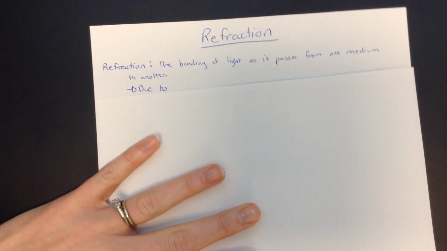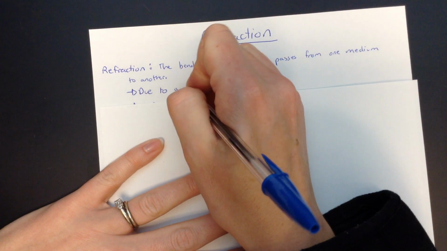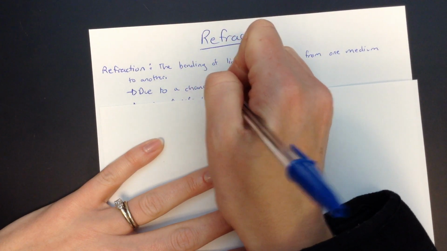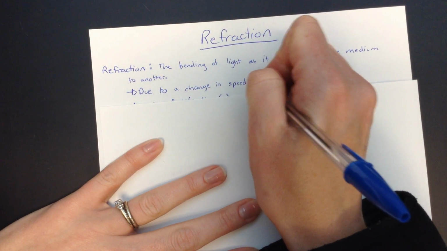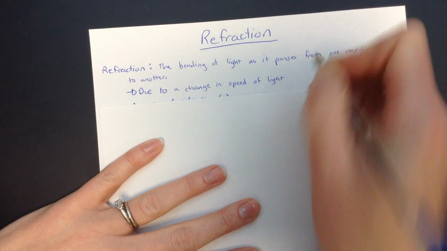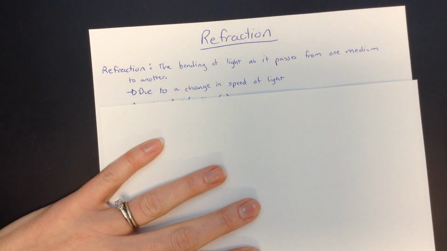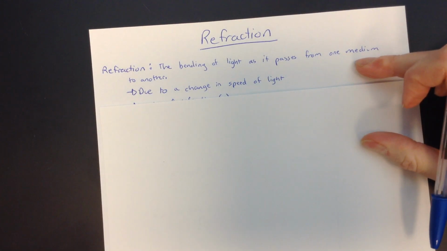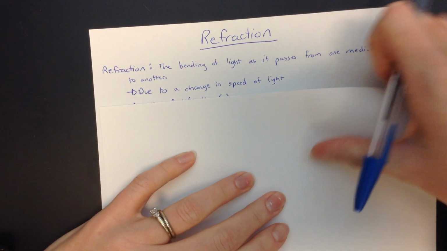And this happens due to a change in speed. At this point, I've probably talked to you about Romeo and Juliet and why they turn when they get to the sand pit: it is because one of them slows down.